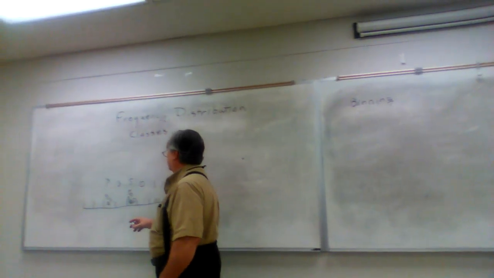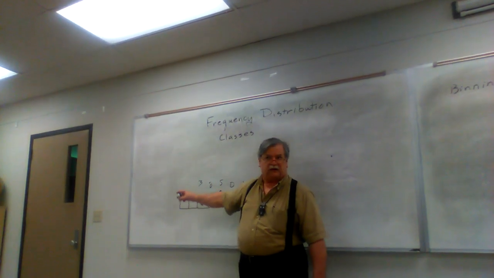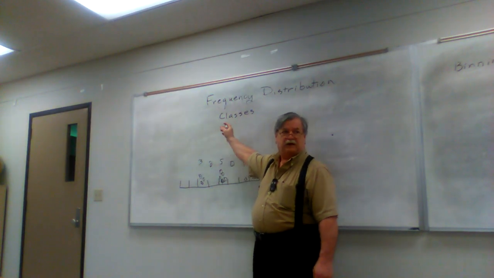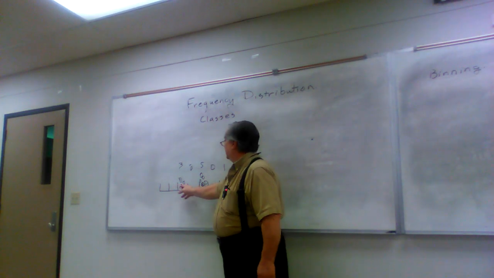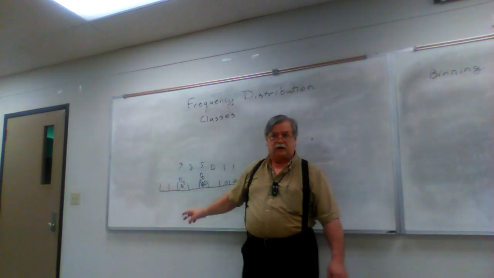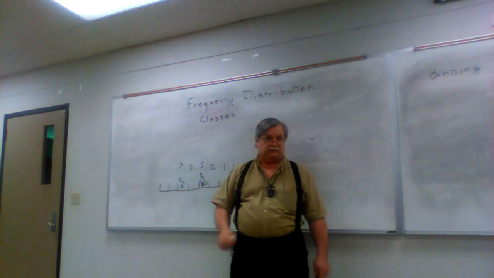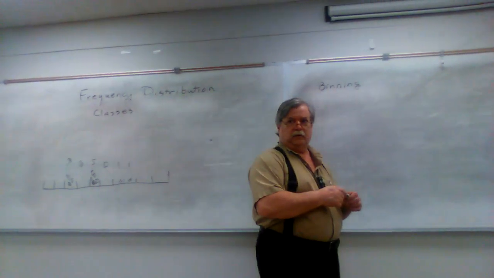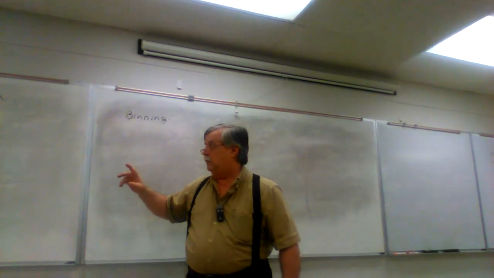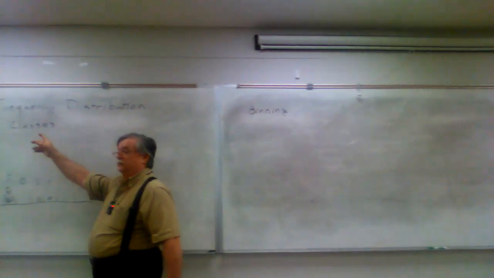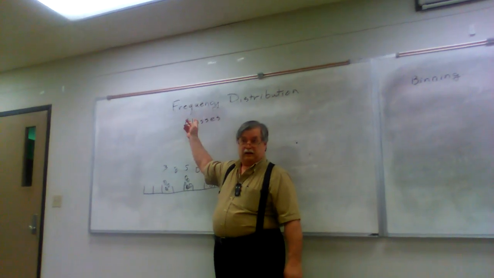In other words, it's saying how frequently does one datum from this set of raw data land in this bin, or in this class? Okay? That's what statisticians mean when they talk about frequency and classes.